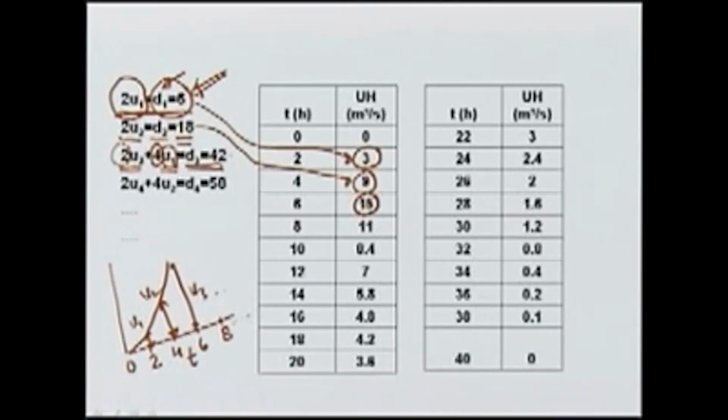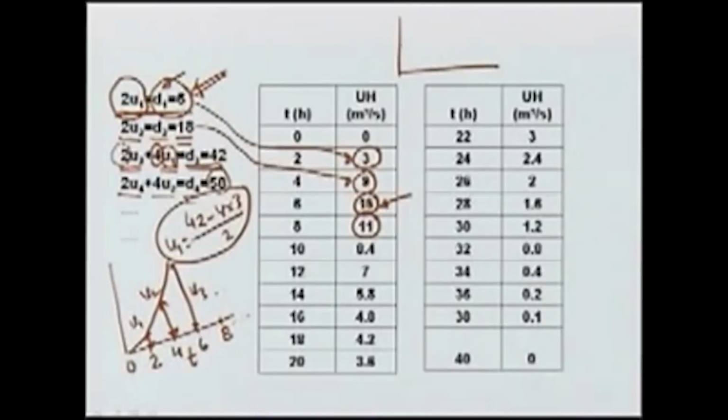So, 42 minus 12 divided by 2 will give us U3. So, we get an ordinate U3 equal to 15. Same way, we can write 2 U4 plus 4 U2 equal to D4, which is 58, giving us U4 of 11.